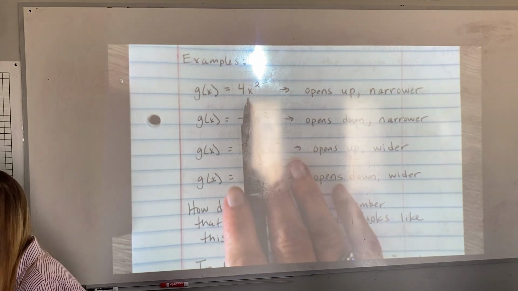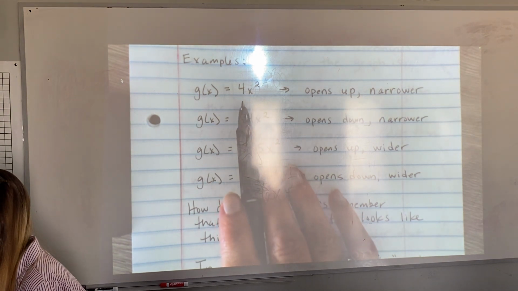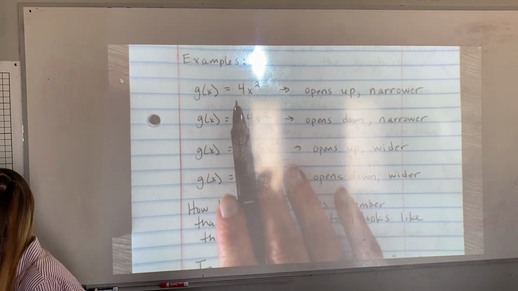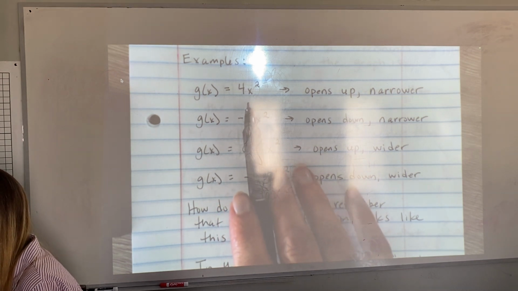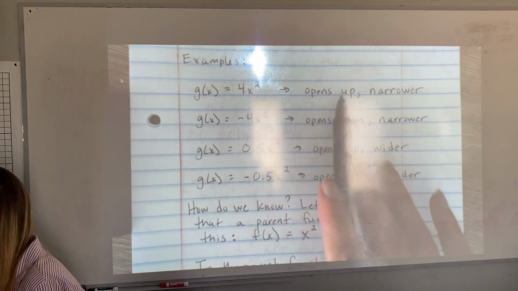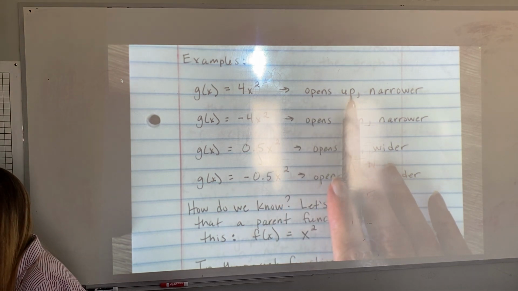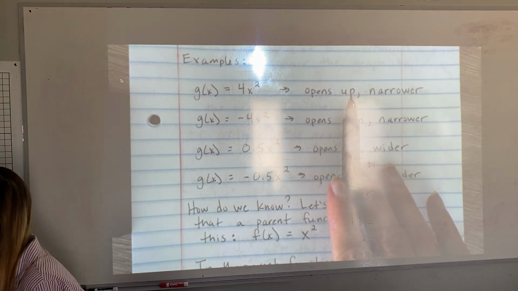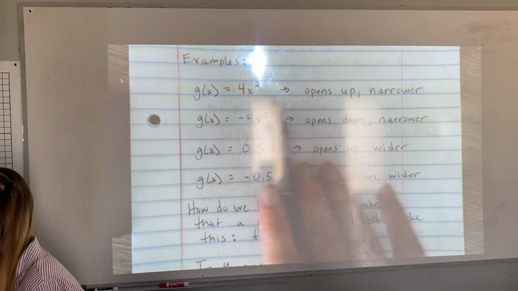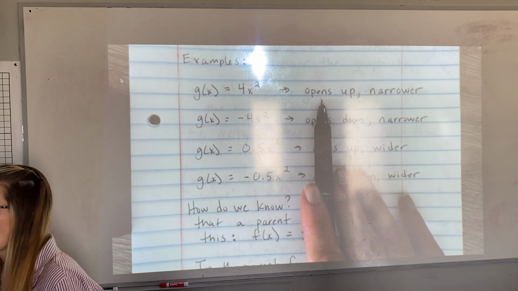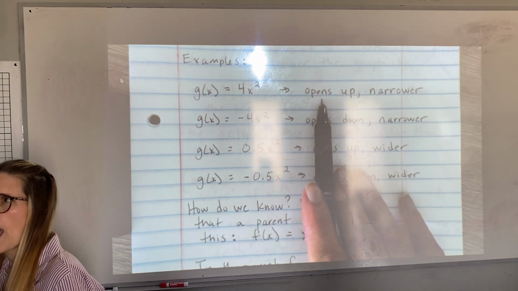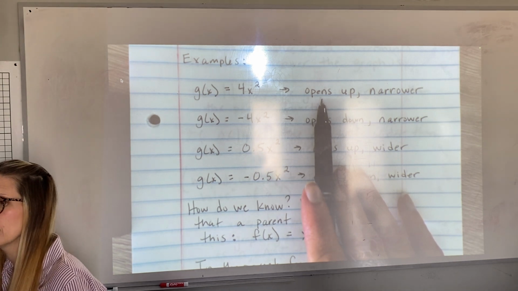So for example, this guy, g of x equals 4x squared, it's going to open upward because a is positive. Now, on your quiz question, it might say something like, how is it different?